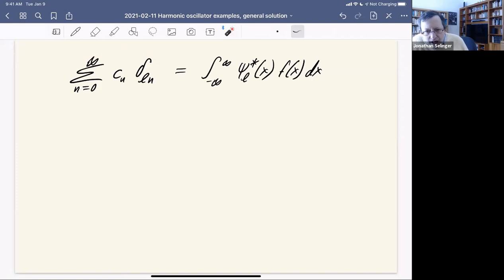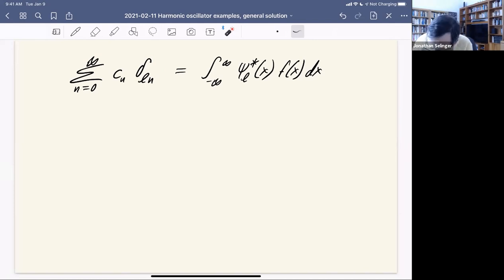And now with this sum over here, this is exactly the same story as we had for the particle in a box. It's an infinite number of terms, but only one of them is non-zero, right? Only the term where n equals L is non-zero. Every other term in that sum is 0.